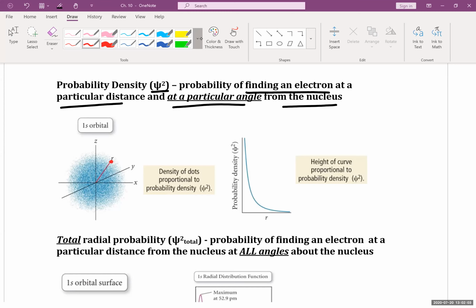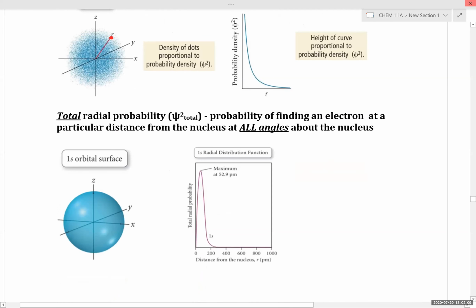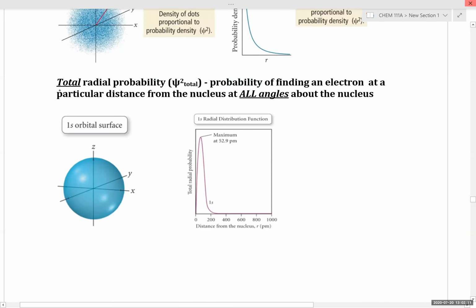Another far more common method of describing an orbital and the probability density for an electron is the total radial probability, which is the wave function squared total. This is the probability of finding an electron at a particular distance from the nucleus at all angles about the nucleus.